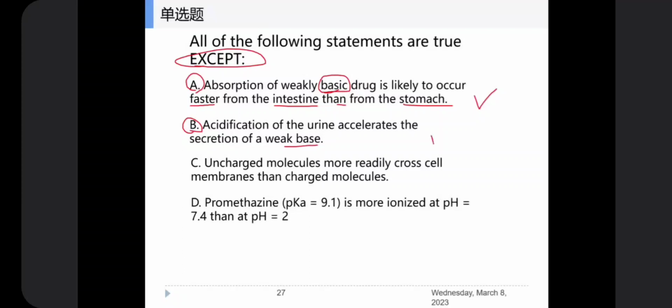Yeah, that's right. A basic drug in acid urine will become more ionized, so it's hard to cross the membrane. It will get very weak reabsorption, and it will accelerate the excretion. So B is right.